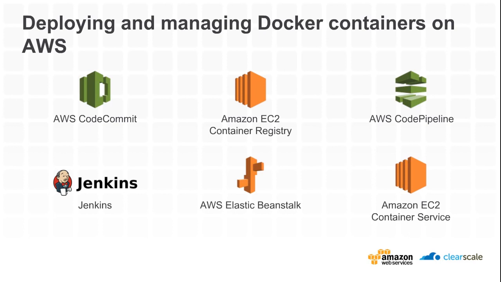So we look to CodePipeline, or a lot of people are familiar with Jenkins. And then the simplest way to actually manage the containers, Elastic Beanstalk and EC2 Container Service.